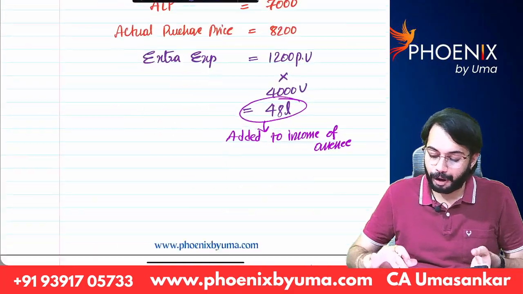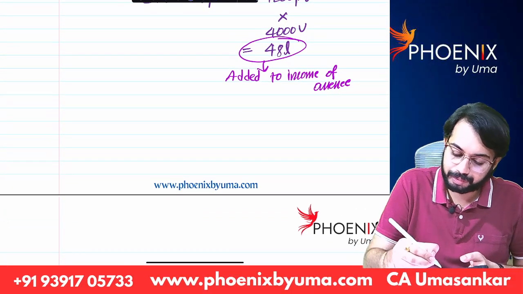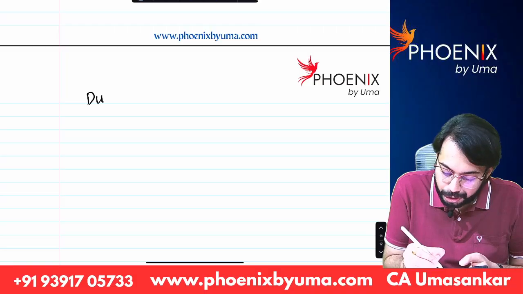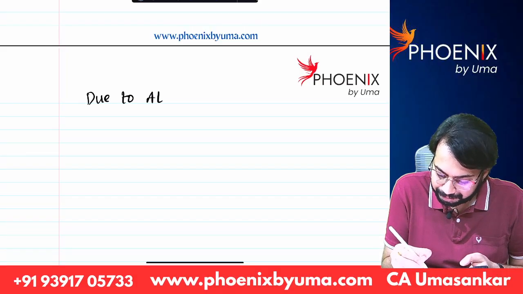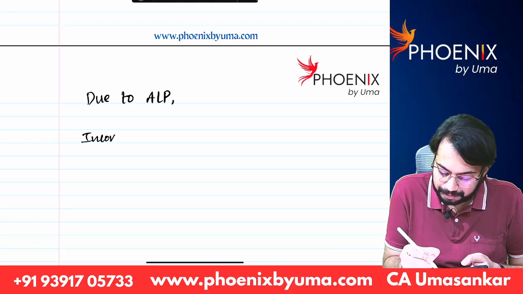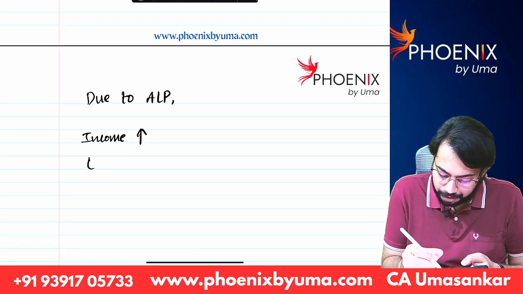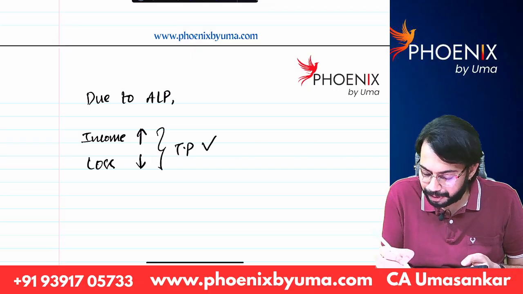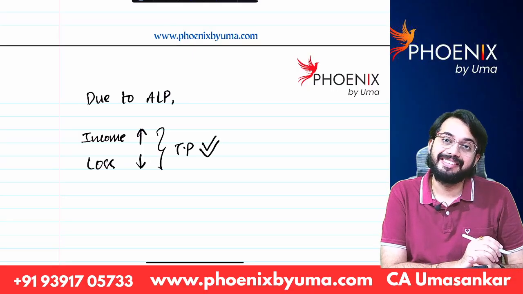Another important point I wanted to tell you. This is very interesting. Due to arm's length price, if your income increases or if your loss decreases, then only transfer pricing provisions are applicable.